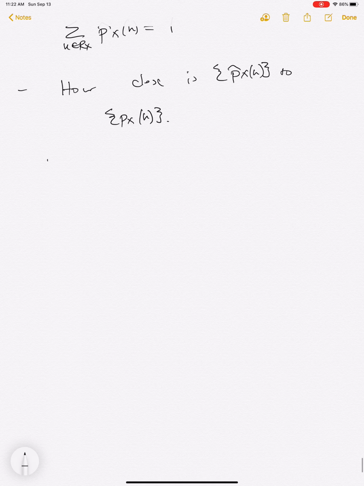And what we can hopefully see is that this expectation of p hat x of k.